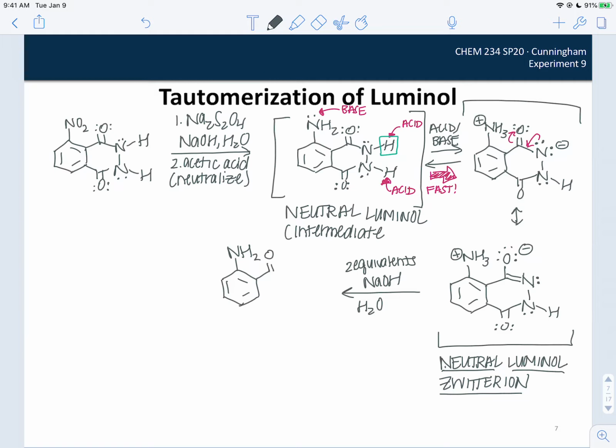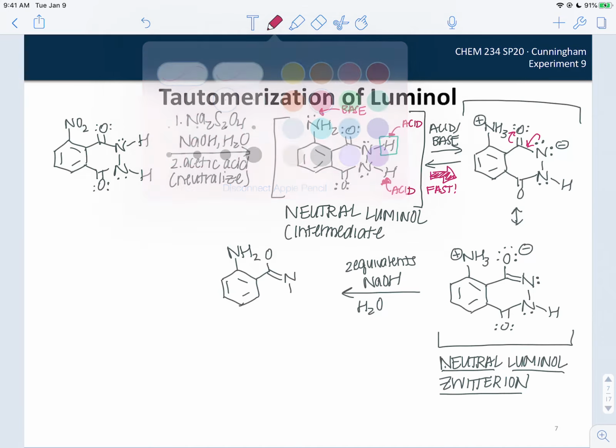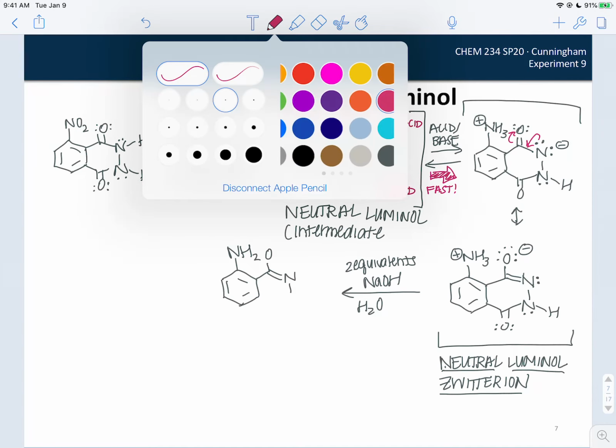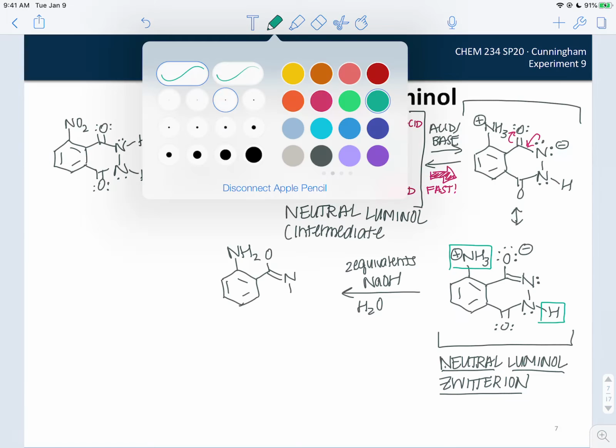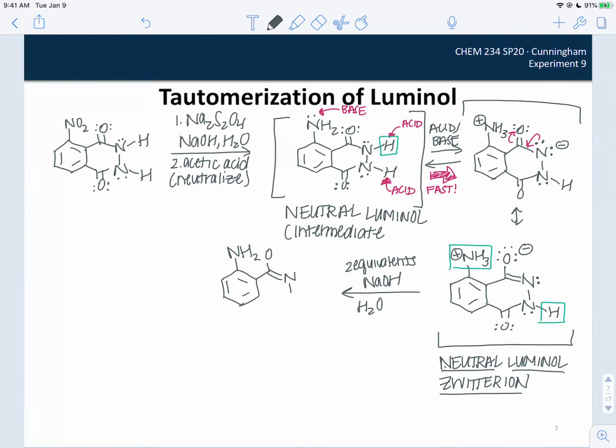So our sodium hydroxide is basically, that was not meant to be a pun, but it turned out to be one, going to deprotonate our amide nitrogen. Let's see if we can highlight that. It's going to deprotonate our amide nitrogen that's over here, and also our ammonium nitrogen up here. So that's where our 2 equivalents of sodium hydroxide are coming into play.